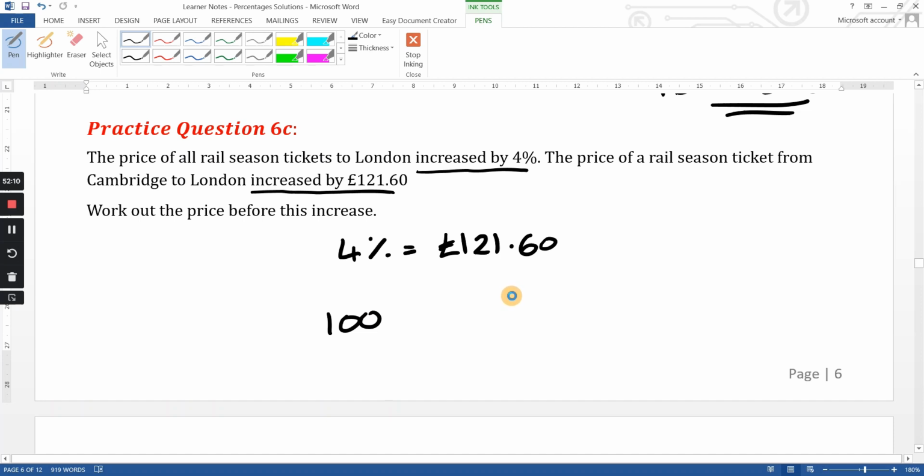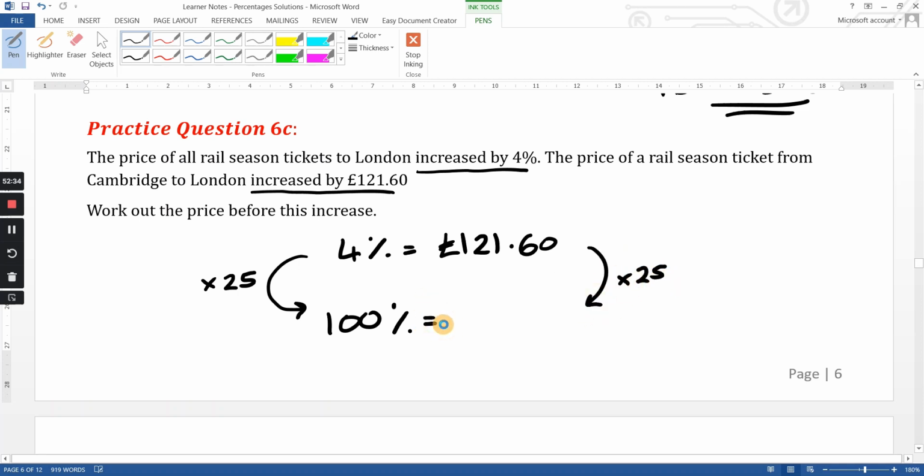And in fact, what I can do is I could work out a step in between, or I can just go from 4% to 100% in one jump. All I have to do is times by 25. Let's do the same here.